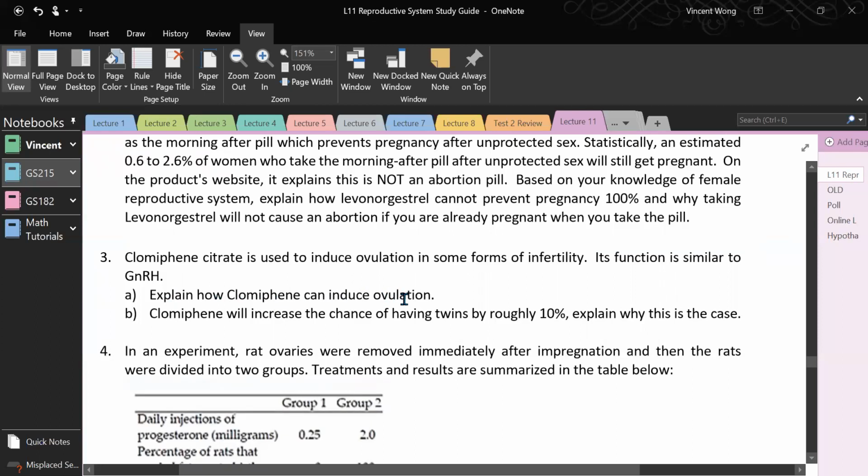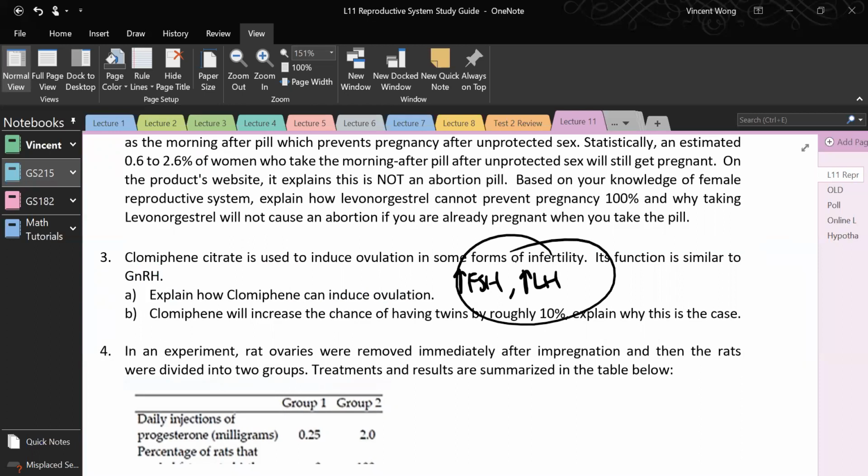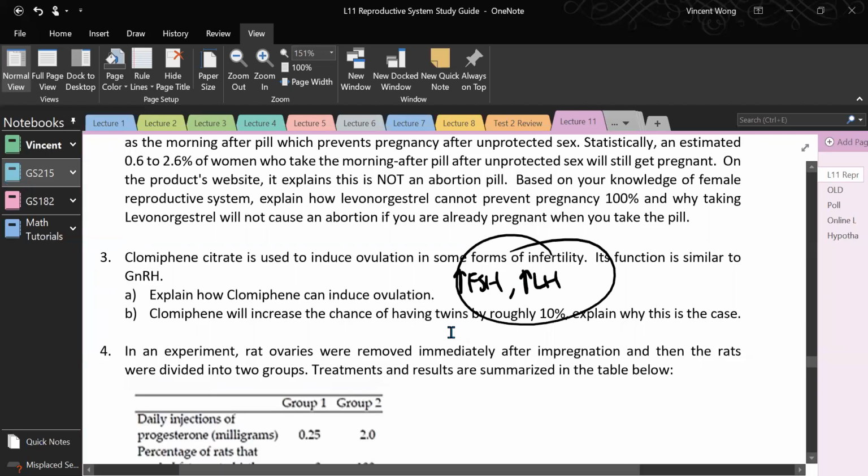Well, this is straightforward. If you increase GnRH level, the next thing that will happen is you will increase FSH and increase LH, both of which play a role in the development of an egg and ovulation, and that could increase the chance of getting pregnant.